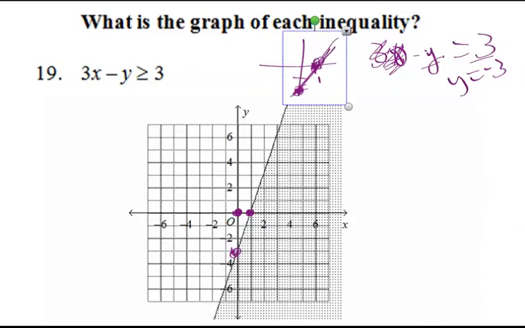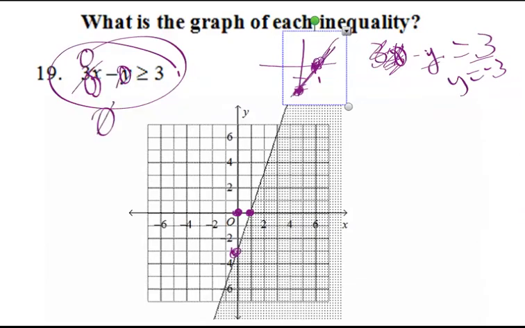That's easy to work with. And we need to see if it makes a true statement. So let's plug it into our original inequality. Is 3 times 0 minus 0, well, 3 times 0 is 0, minus 0, so that's just going to be 0. Is 0 greater than or equal to 3? No, that's false.